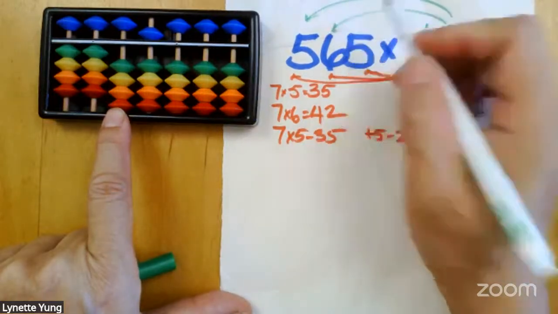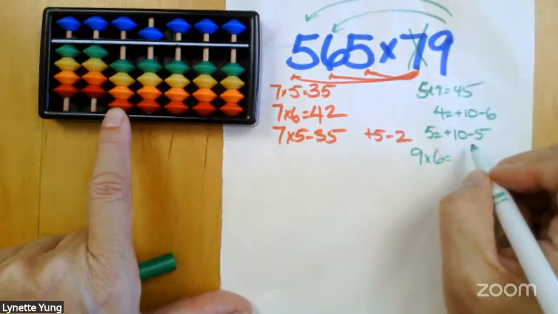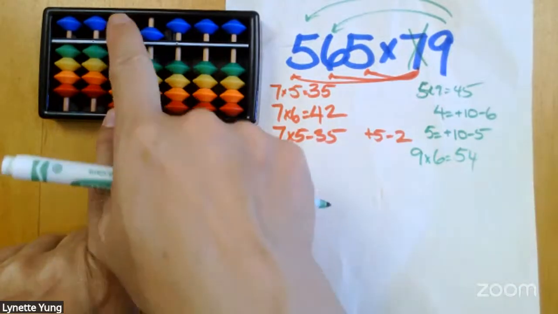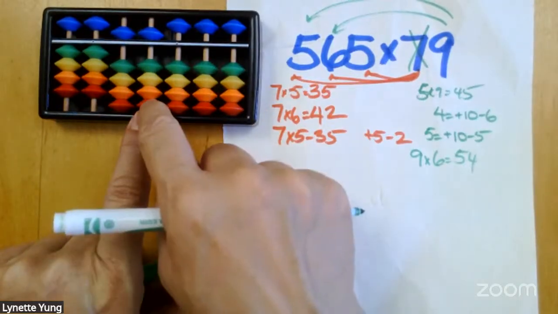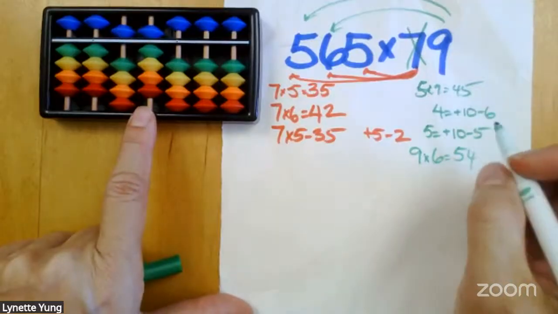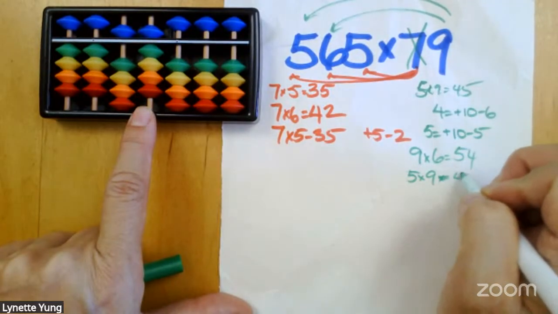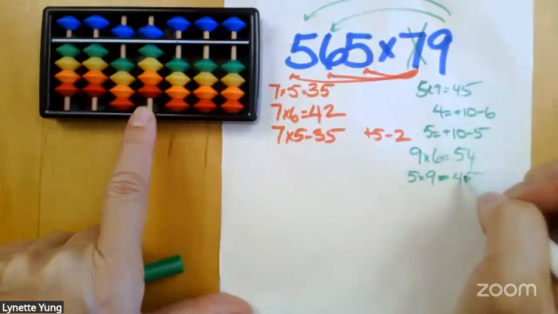Then we're going to go 9 times 6 is 54. So plus the 5 and then plus the 4. Okay. Then we're going to go 9 times 5 is 45. So plus the 4.